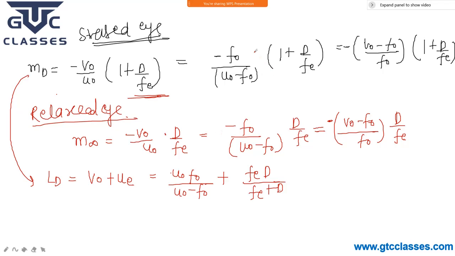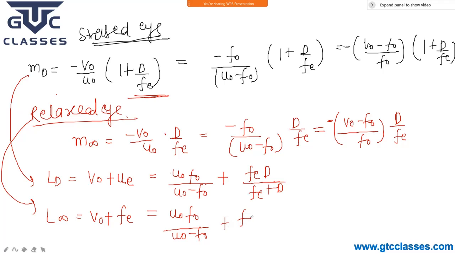It is the same thing here; I have just taken the LCM, FE plus D. Now suppose it is for the relaxed eye, then we will get L infinity, which will be V0, and instead of UE you will get FE directly. That's the only difference. So you will get U0 F0 divided by U0 minus F0 plus FE.